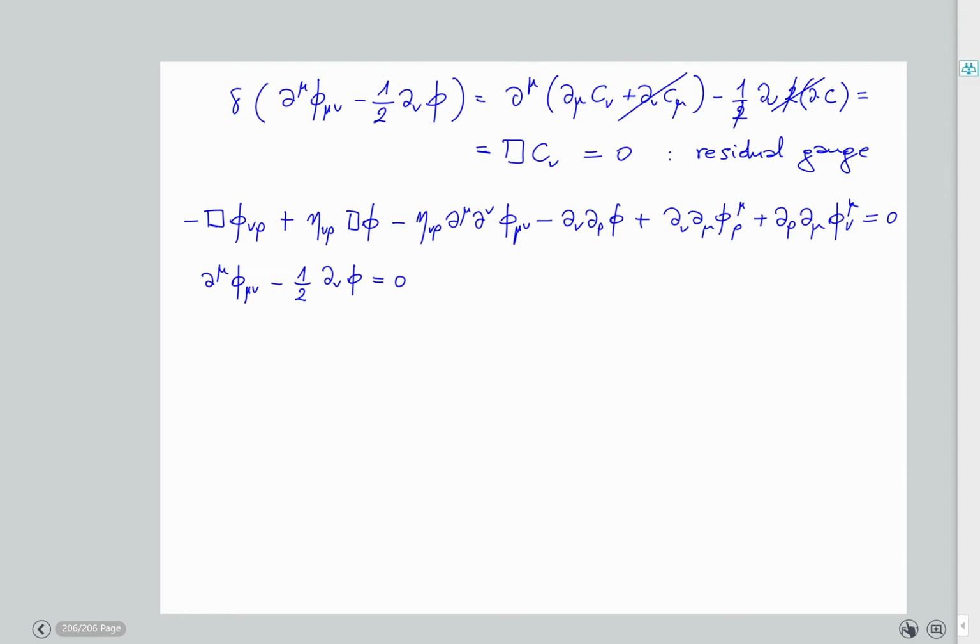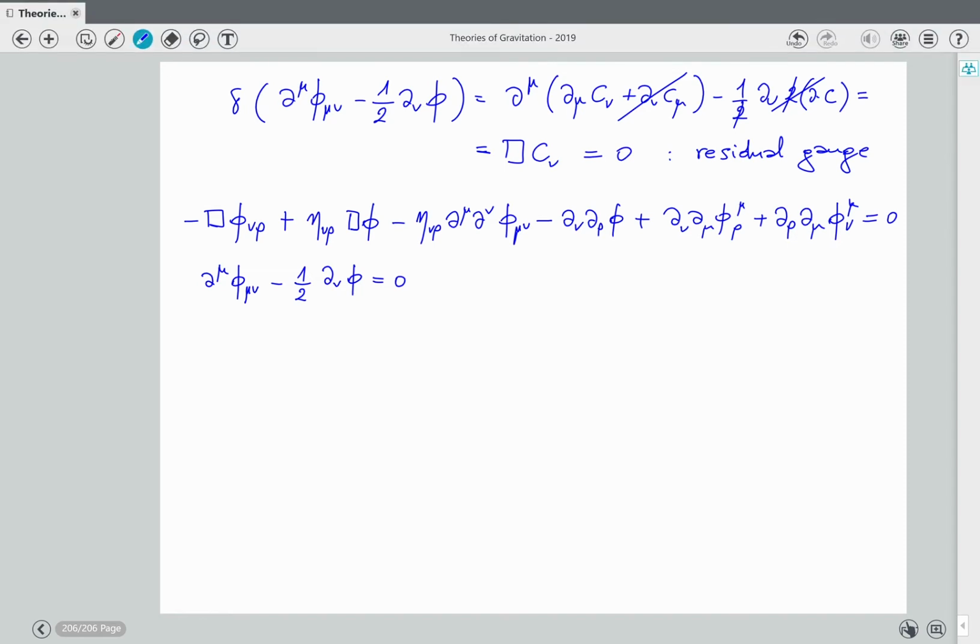What can we do? You see, that allows you to simplify every expression where one index of phi is contracted with the index of a derivative. And that happens here. There are two contractions, actually, here and here. The other terms have to be left there.